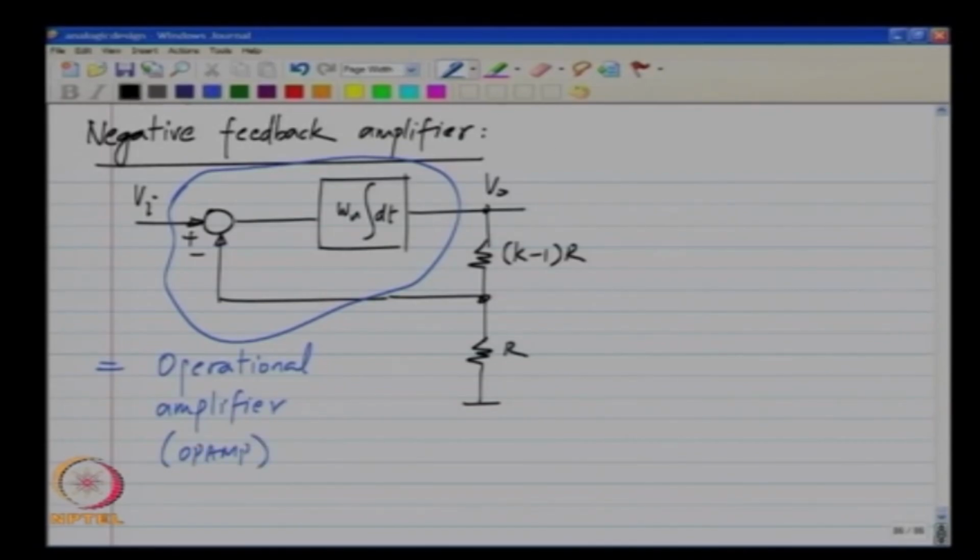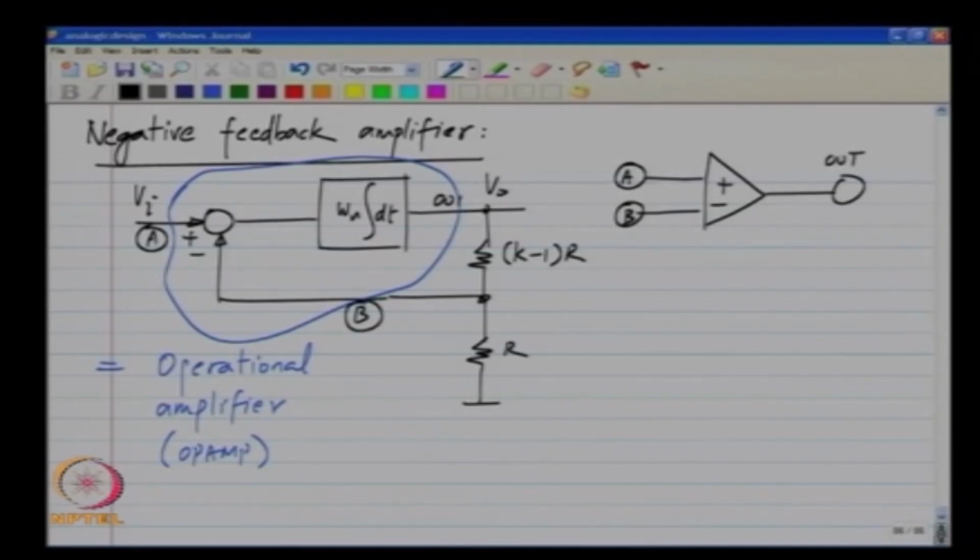So, essentially an op amp is a block that takes the difference and integrates it, where these terminals correspond to these. Okay. So, this is what an op amp is.